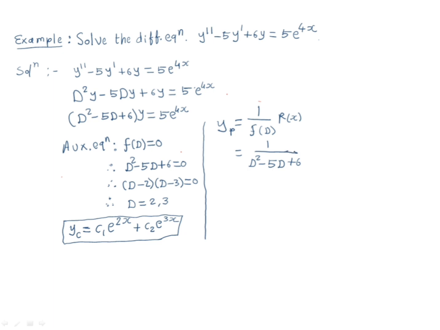What we mean by r of x is the right hand side function provided in the equation, that is 5 times e raised to 4x. So this will act as my r of x.